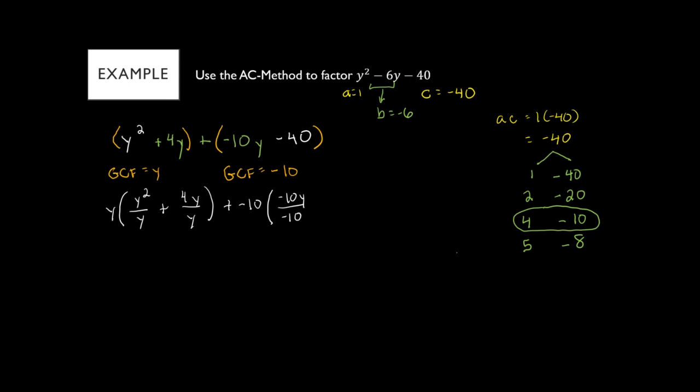So the first set I was dividing by y, but the second set I'm dividing by -10. And notice how I turned that -40 into plus -40. So that way I made sure I had a plus in between each of my parentheses. So I've got my GCFs basically in front, and then I'm also dividing each pair that we have by the GCF.